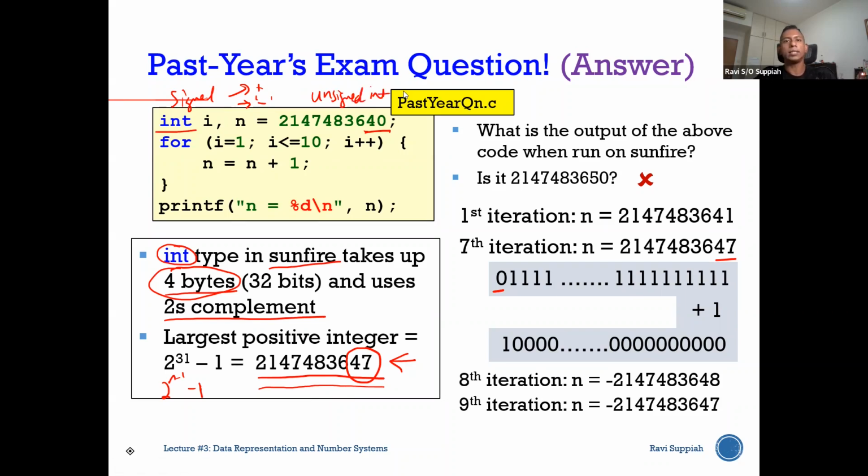When you say it is unsigned, you are telling the compiler that this variable is only going to be pure positive numbers. In that case, you're not going to have any negative representation, but you can have the full range to represent positive numbers. So that is one easy way to resolve this.